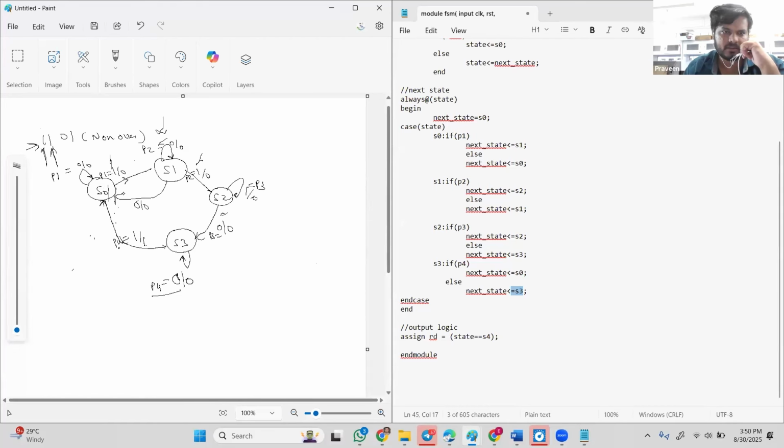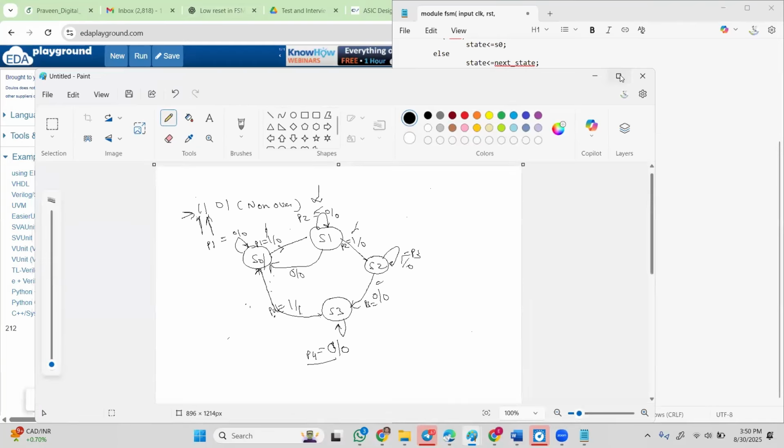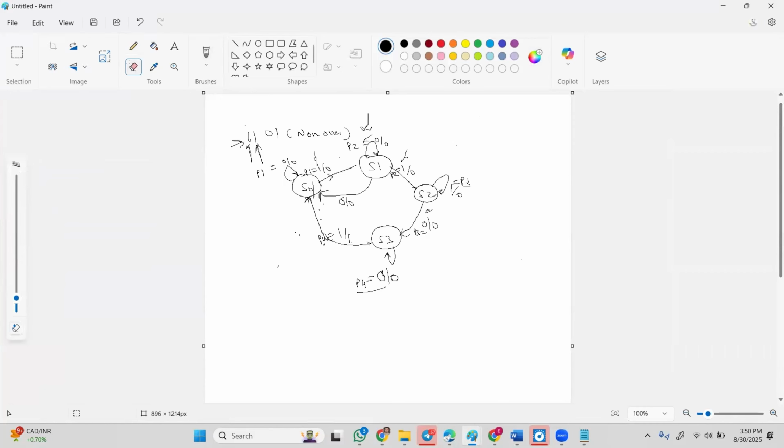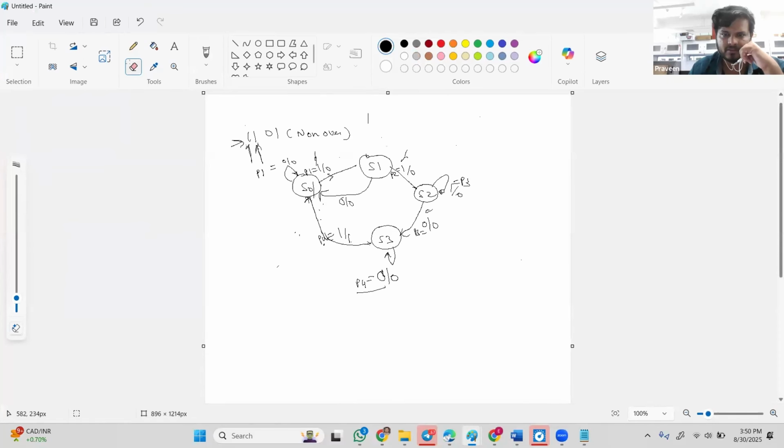Zero by zero. Okay. And this I should remove. This also I should remove. This S1, S2 also will reach the idle condition, S naught. No, that is correct.